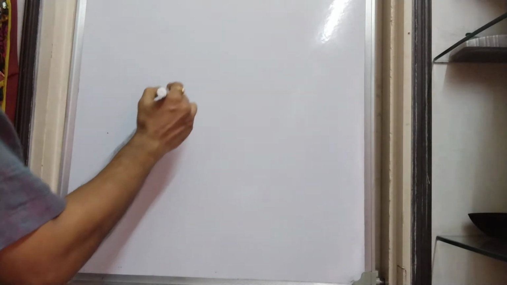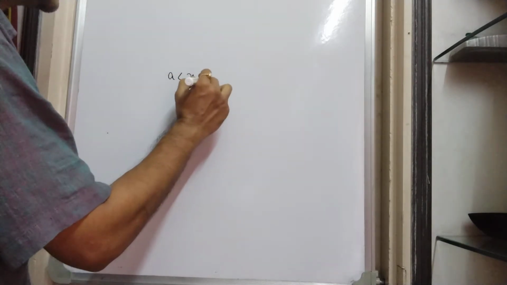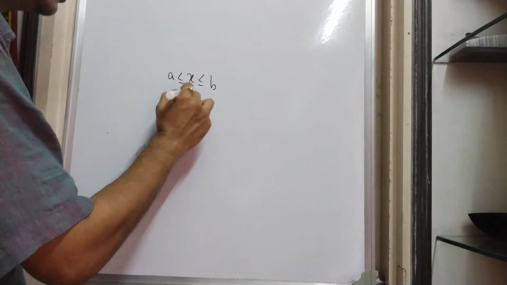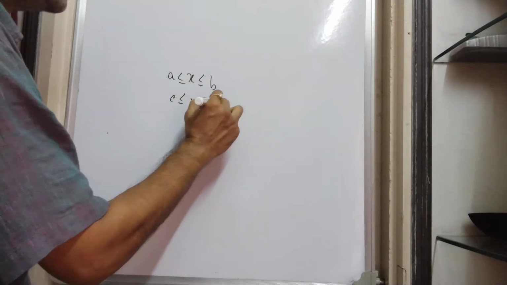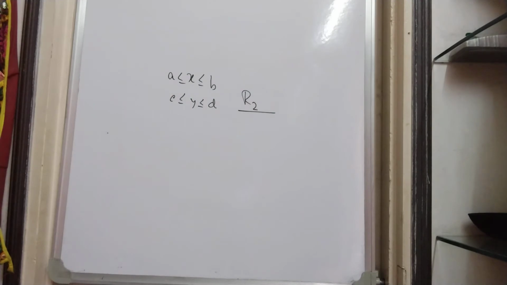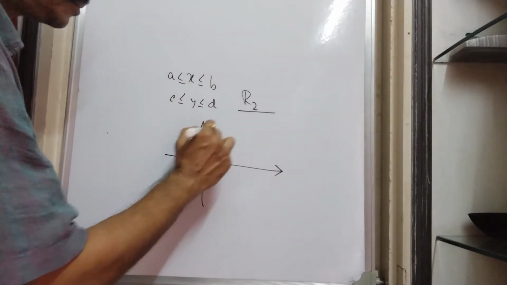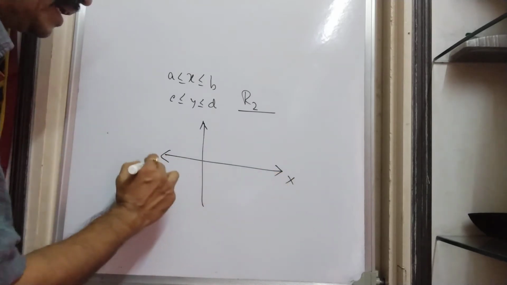And another word which you find in your old textbooks is rectangular neighborhood. This is a typical example of a rectangular neighborhood in the two-dimensional R2 region, where x and y both vary as independent variables.